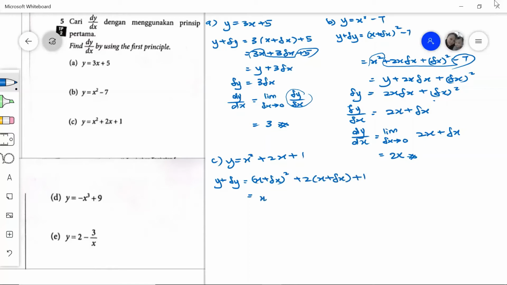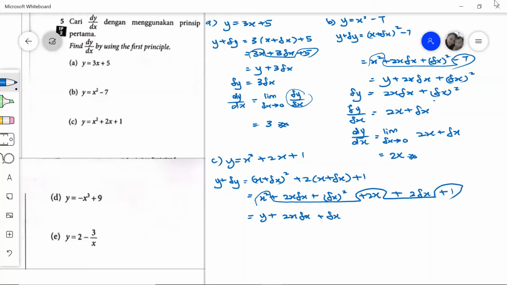Expanding: x squared plus 2x del x plus del x squared, plus 2x plus 2 del x, plus 1. And x squared plus 2x plus 1 is actually our y. So y plus del y equals y plus 2x del x plus del x squared plus 2 del x.